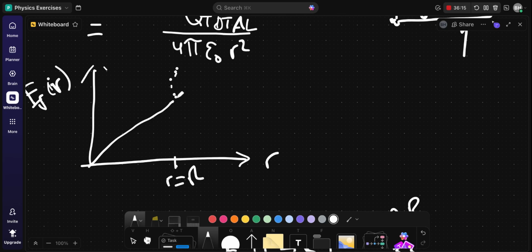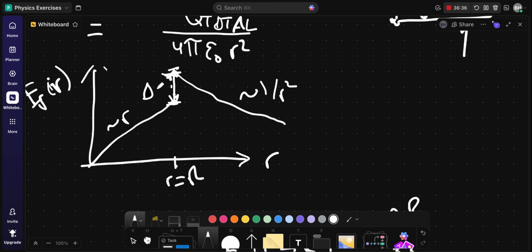So there's going to be a jump, a discontinuity in the electric field here. After, it's going to go down as 1 over r squared, like before. So here it goes as r, like before. And this jump, let's say I'm going to call it delta E. Okay, so this delta E, the jump, is given by the surface charge density divided by epsilon 0.